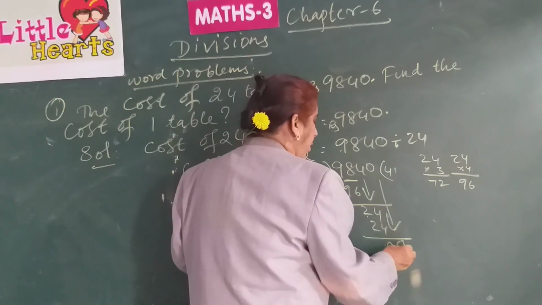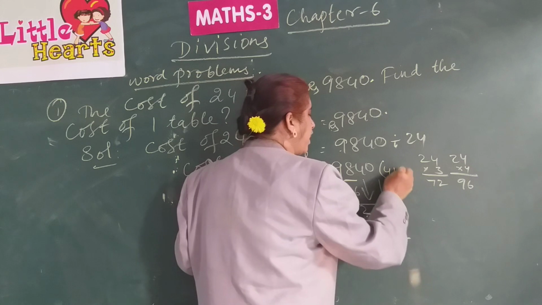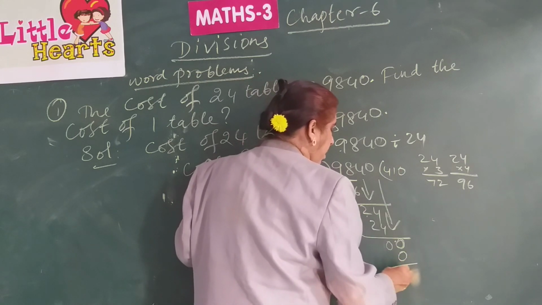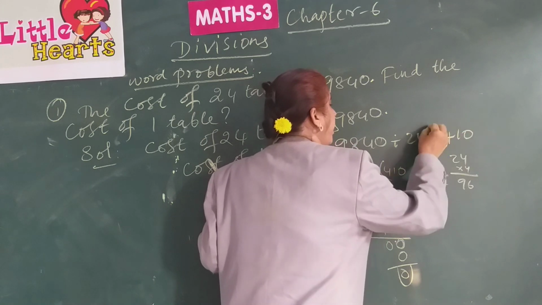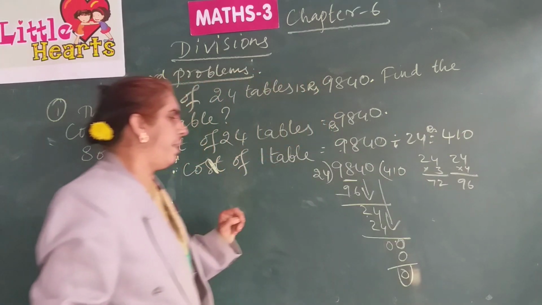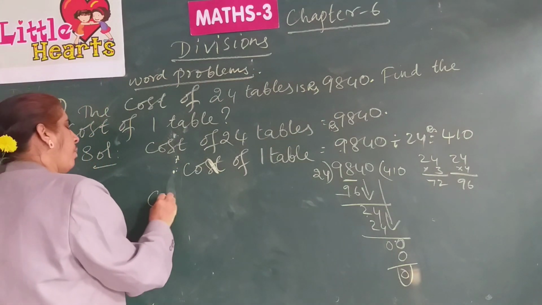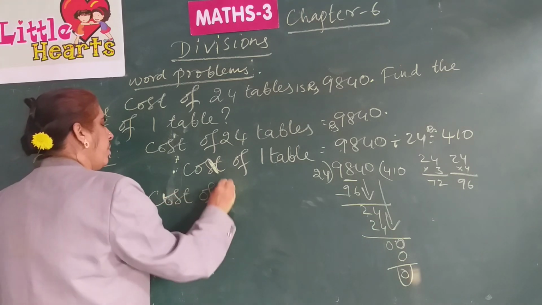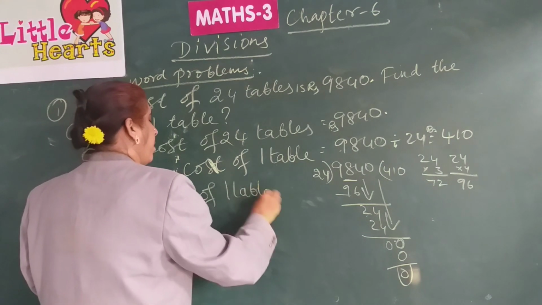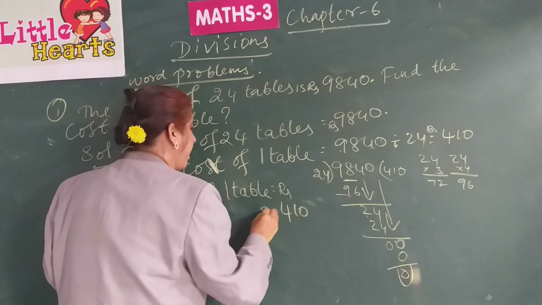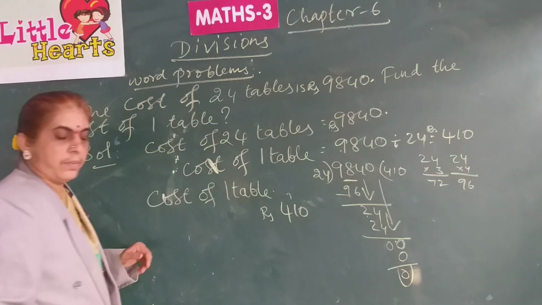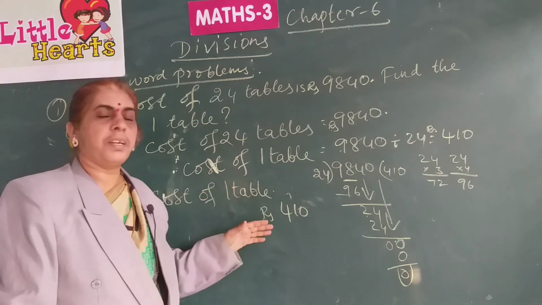As 0 is smaller than the divisor, 24 zeros are 0. That is, the cost of one table is equal to rupees 410. In this way you can find the cost of one table.